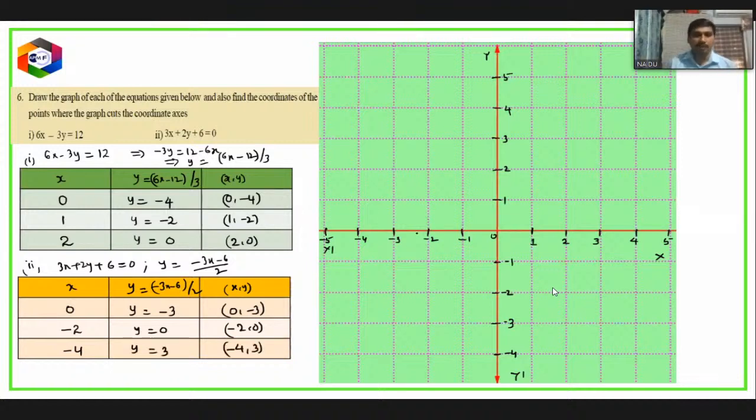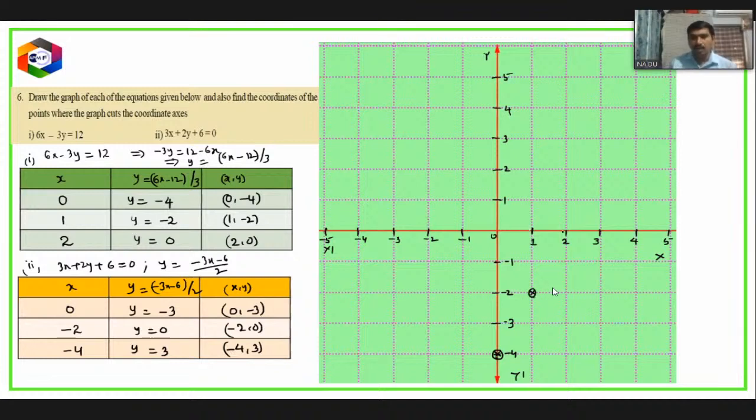Now I am plotting the first set of points, children, once again observe carefully. Here the first one is 0 comma minus 4: x value is 0, y value is minus 4. This is the point. And 1 comma minus 2: x value is 1, y value is minus 2. And next 2 comma 0: x value is 2, y value is 0.